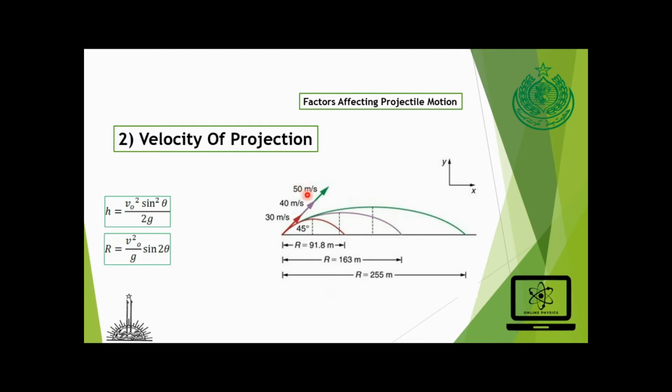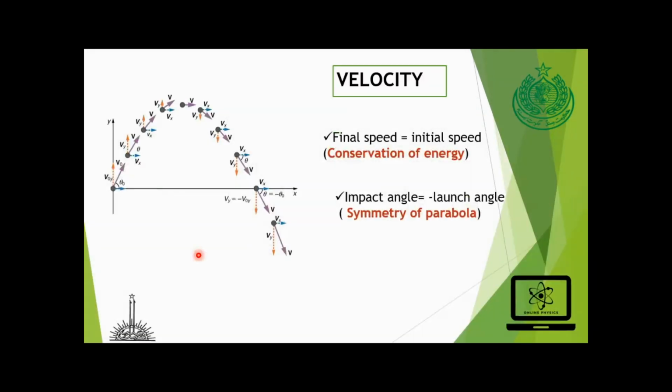If it is 50 meter per second, we will get a 255 meter range. So according to the formula, we can see that if we increase the initial velocity, we will get the greater range.